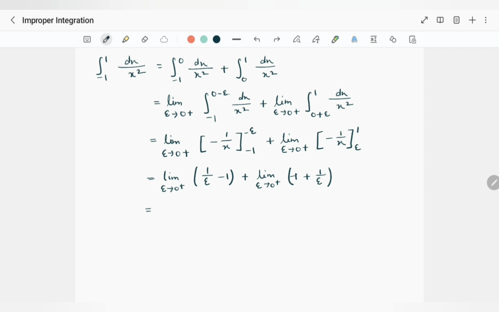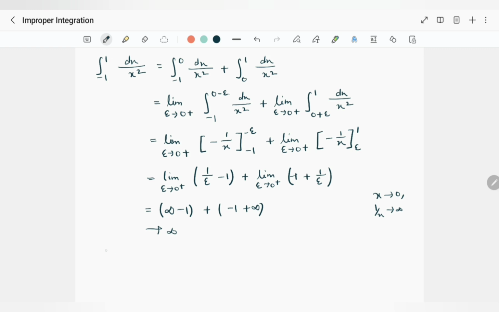Now, if the denominator tends to 0, then the whole value tends to infinity. We know that, right? Like if x tends to 0, then 1 by x tends to infinity and vice versa. So if epsilon is tending to 0, then 1 by epsilon is tending to infinity. So this is infinity minus 1 plus minus 1 plus infinity. So this is actually tending to infinity.